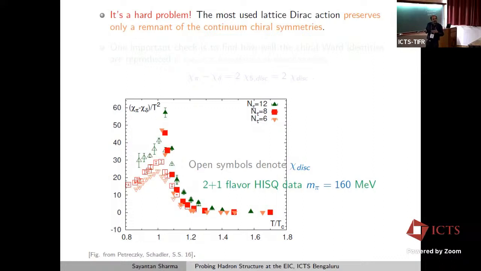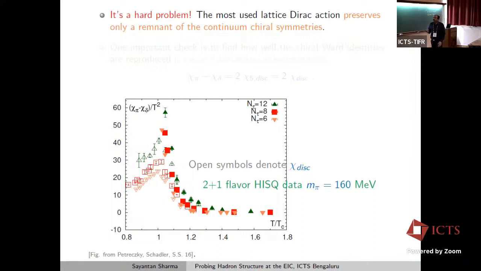For thermodynamics, we usually use staggered fermions. Here I will refer to highly improved staggered quarks, which is the HISQ. And there we only have a remnant part of the chiral symmetry on the lattice. So only when we go to the continuum limit will we get back the continuum chiral symmetries. Otherwise, only a remnant part is there.